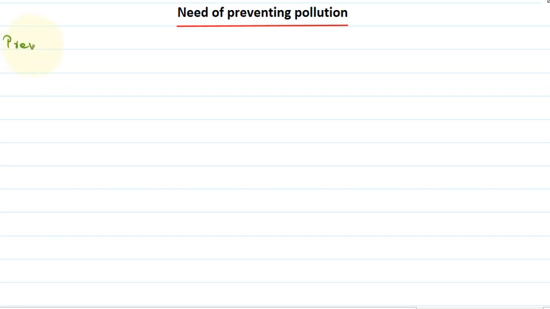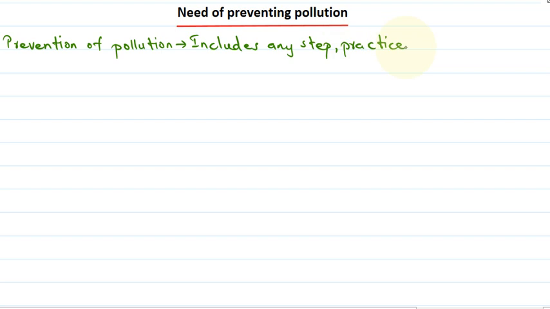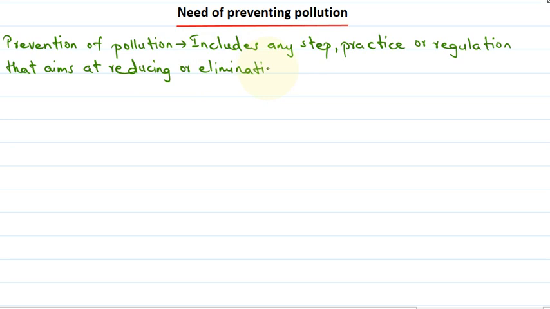So, the prevention of pollution includes any step or practice or any kind of regulation that aims at reducing or eliminating the pollution.